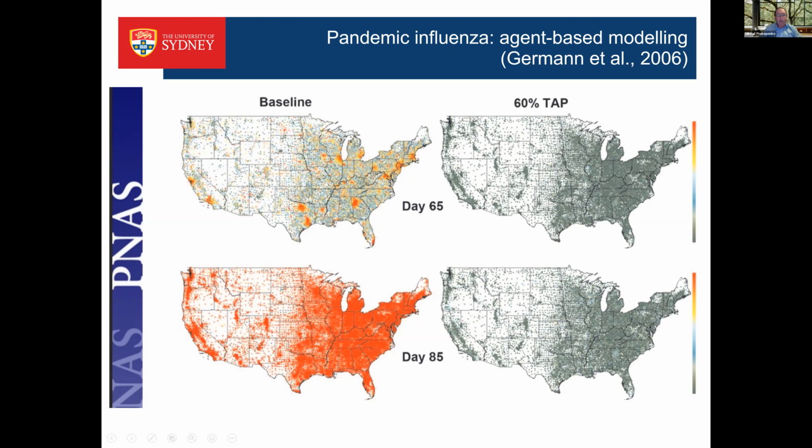On day 65, you have very visible points where it starts, but by day 85, the color indicates that it has diffused quite significantly.